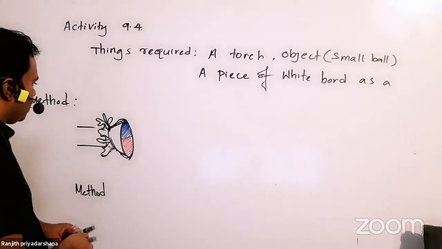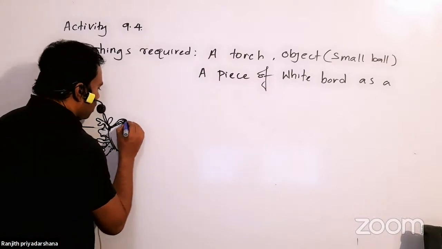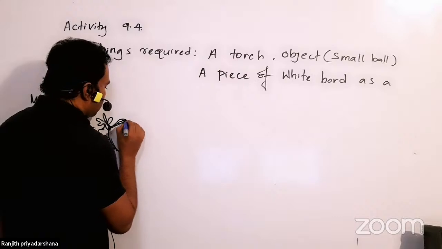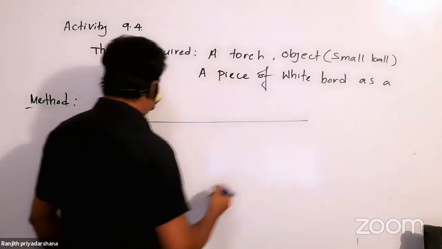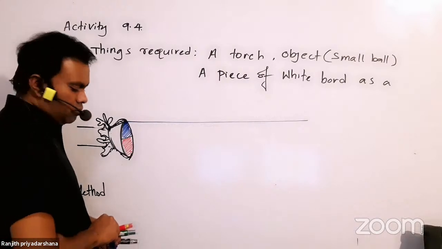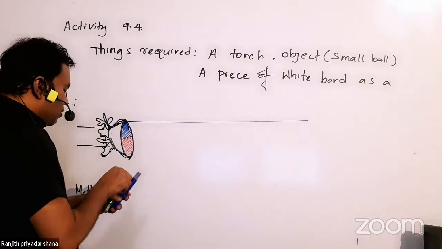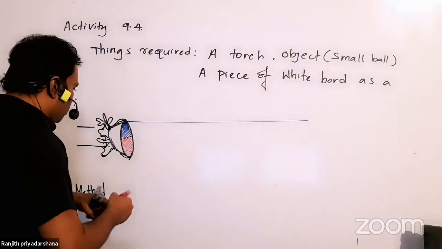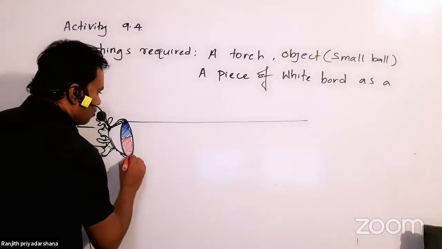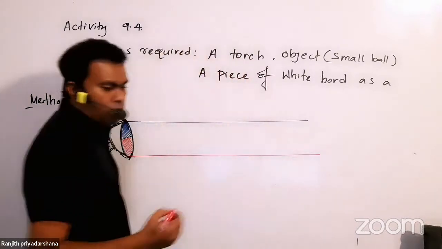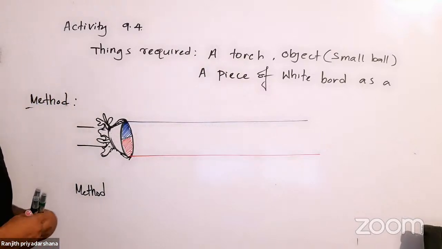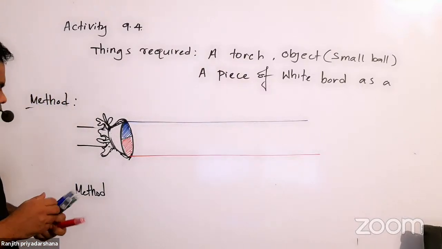Now I take the two colors of light and trace them like this, upper blue and lower red. First thing you have to draw.